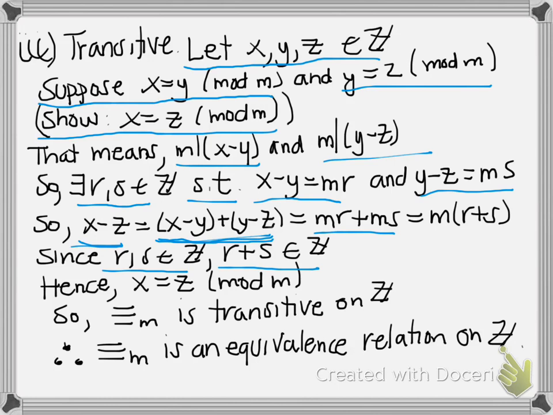And since r and s are integers, r plus s is also an integer. Hence we just showed x is congruent to z mod m. So congruence mod m is transitive on Z. Therefore, since we proved it was reflexive, symmetric, and transitive, congruence mod m is an equivalence relation on Z.